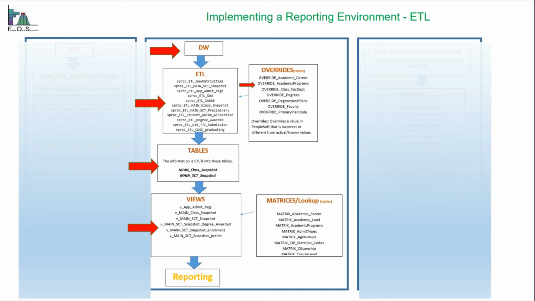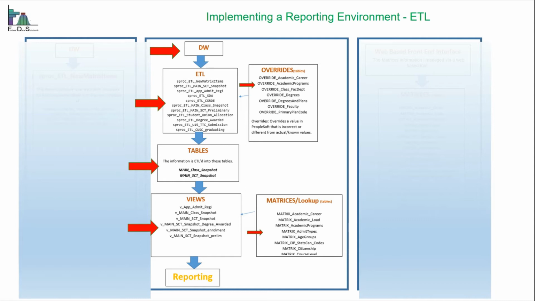If you recall, I started the video by talking about the matrices, and this is where that comes in. When views or subtables are built, information is pulled from the matrices to facilitate consistent reporting.